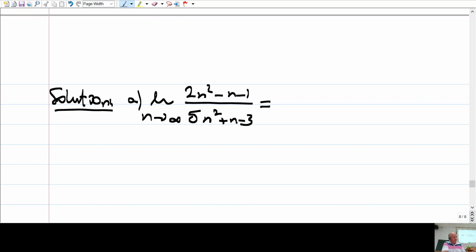Here we can do the following. You see, I can divide both numerator and denominator by n squared, and I get this.